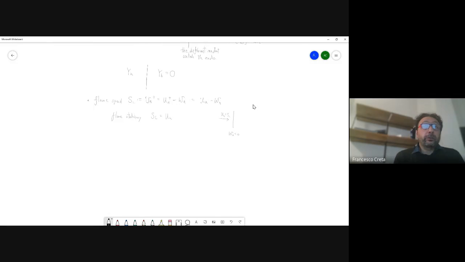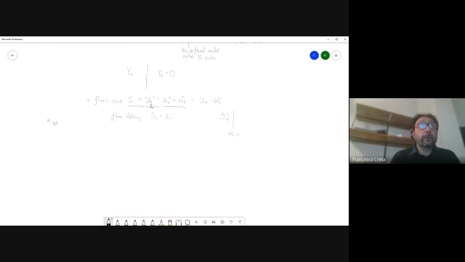Now, a very important definition is the flame speed. That's going to be the crucial definition. It's Vn, Vn plus on the fresh side.